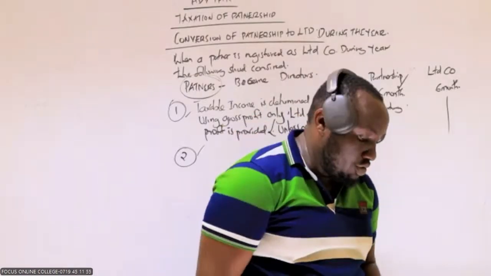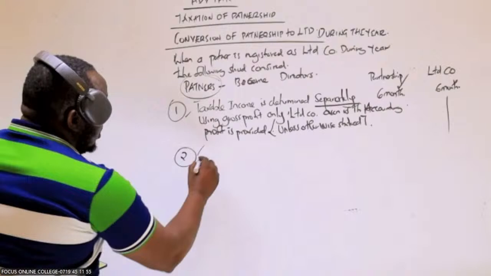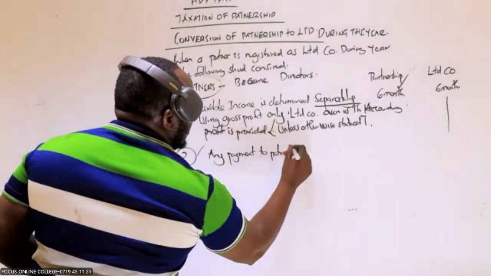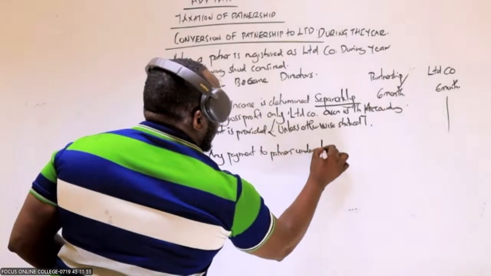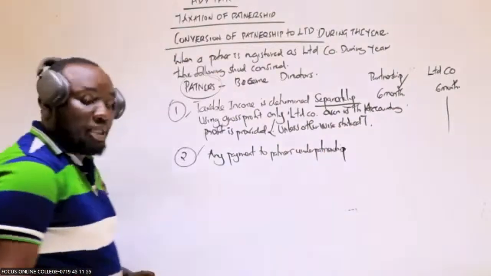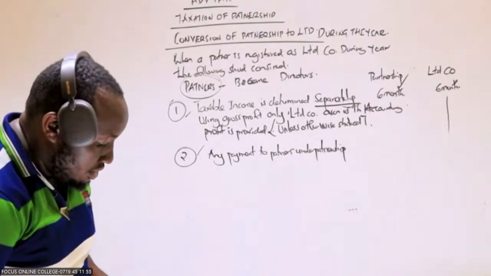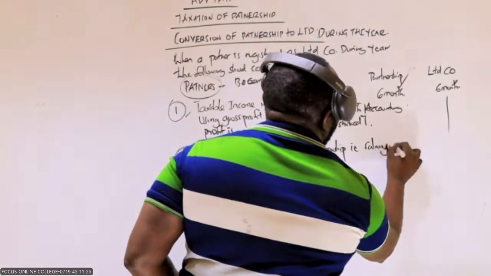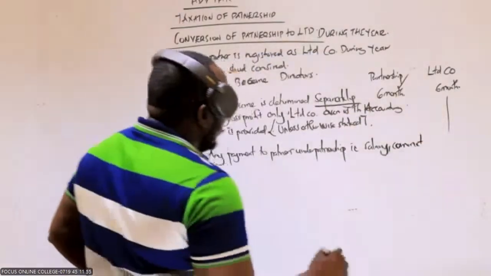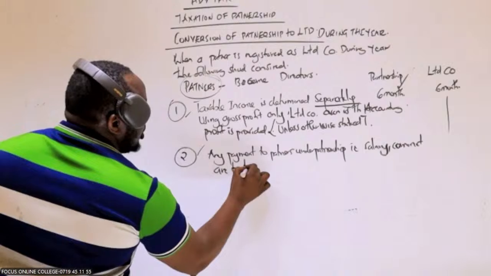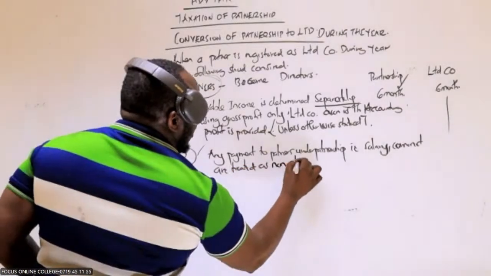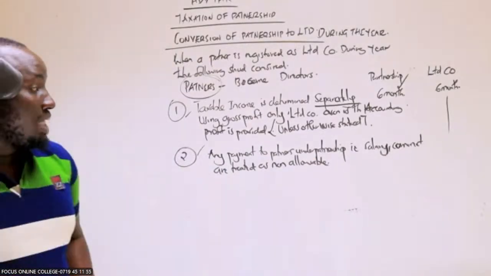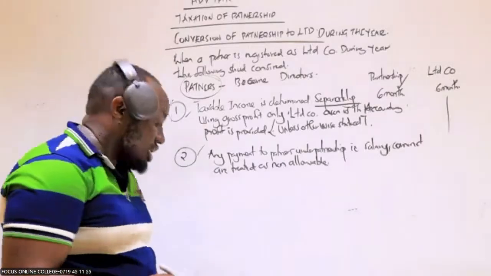So any payment to partners under partnership, i.e. salary, commission, just to name a few, are treated as non-allowable.